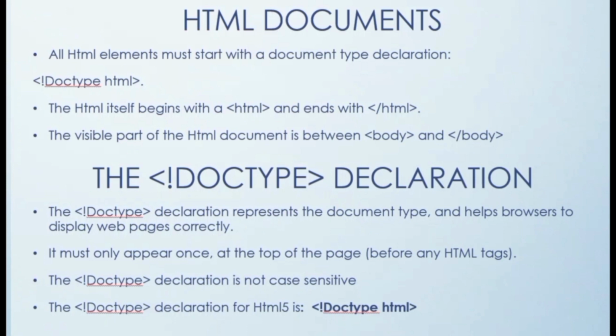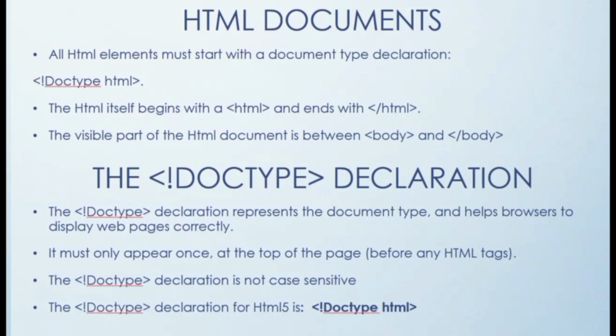Now, when we talk about the Doctype declaration, what does it represent? The Doctype declaration represents the document type, and the purpose is to help browsers display web pages correctly. So, most browsers identify it. Secondly, it must only appear once at the top of the page before any HTML tag.